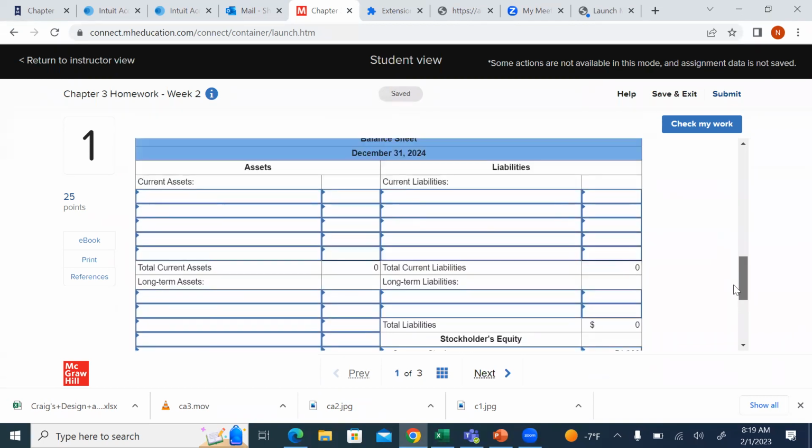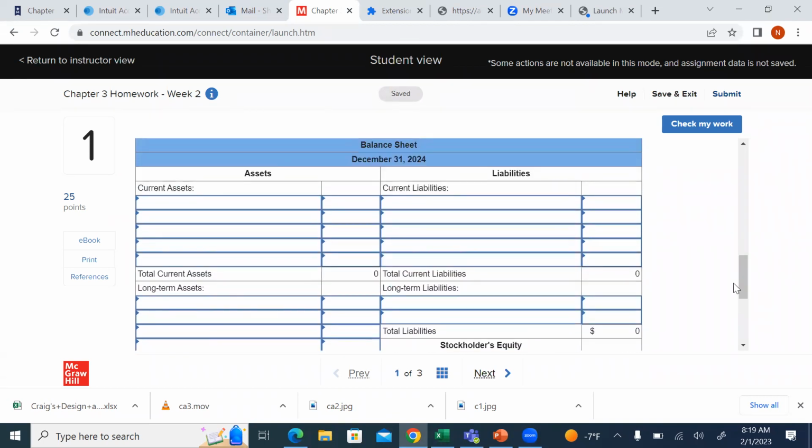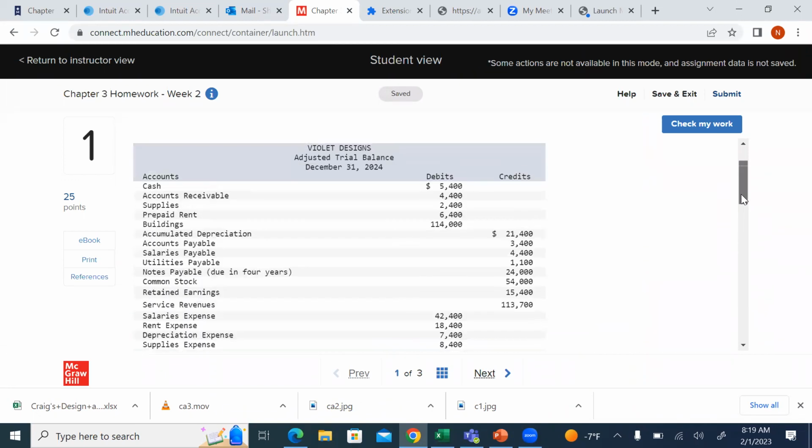So the balance sheet, in the order of the adjusted trial balance, will start with cash, accounts receivable, supplies, and prepaid rent, which are all current assets. Those resources can be utilized within a year, generally are.